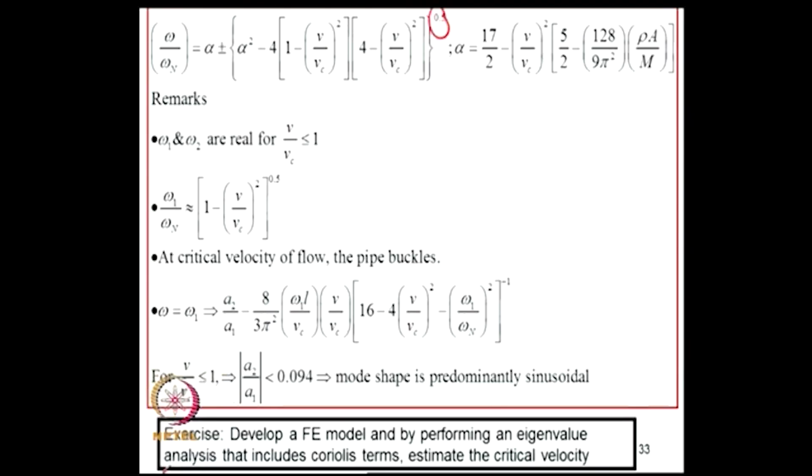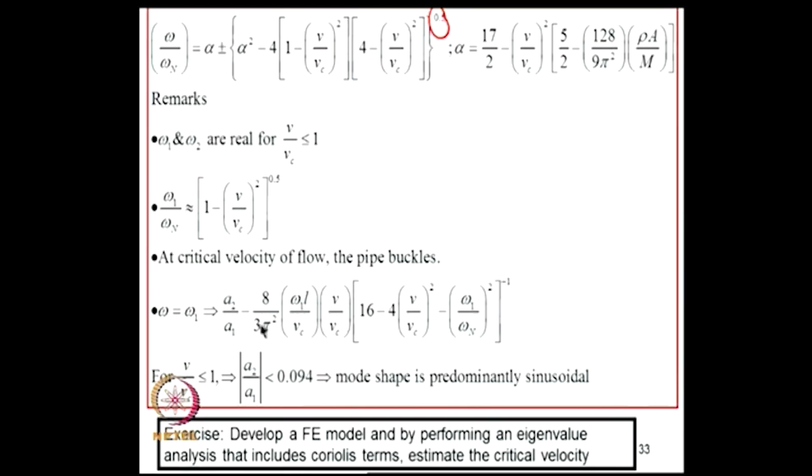We can simplify this, and as a first approximation we can get the natural frequency as given by this. So, at the critical velocity of flow the pipe buckles because the natural frequency goes to 0. So at that time the natural frequency would be 0.